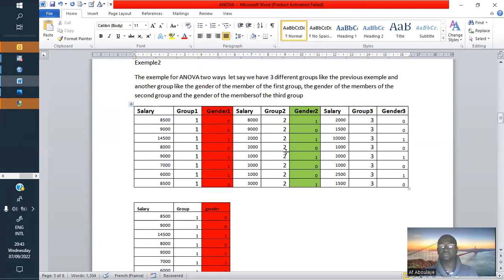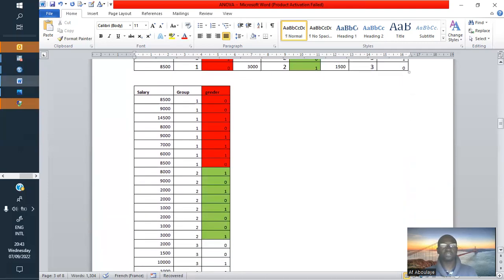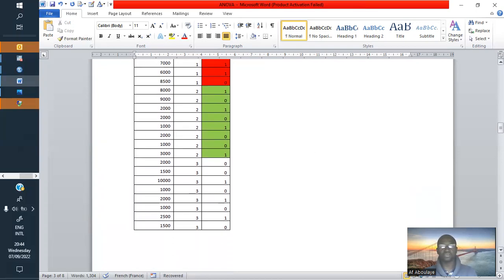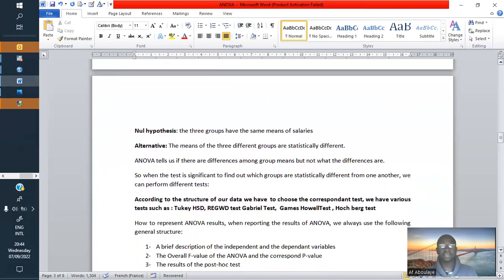We can arrange our data like this: salary, then the first categorical variable 1, 1, 1, 2, 2, 2, and the second one 0, 1, 0, 1, and so on. If we structure our data this way, we can use software to do ANOVA.